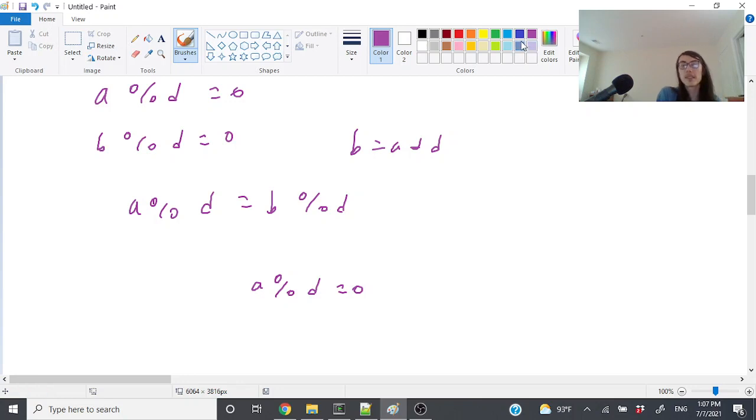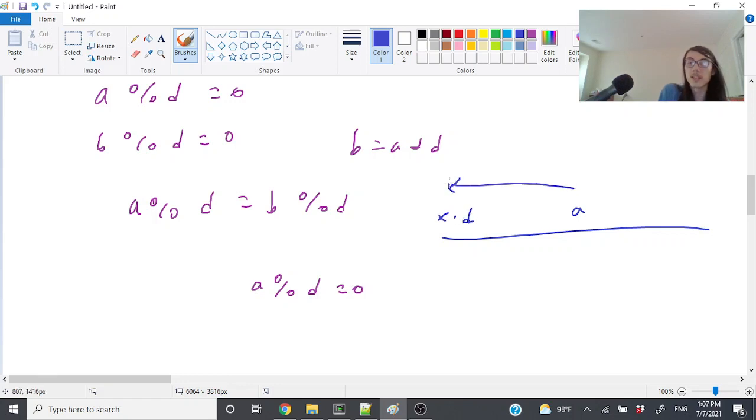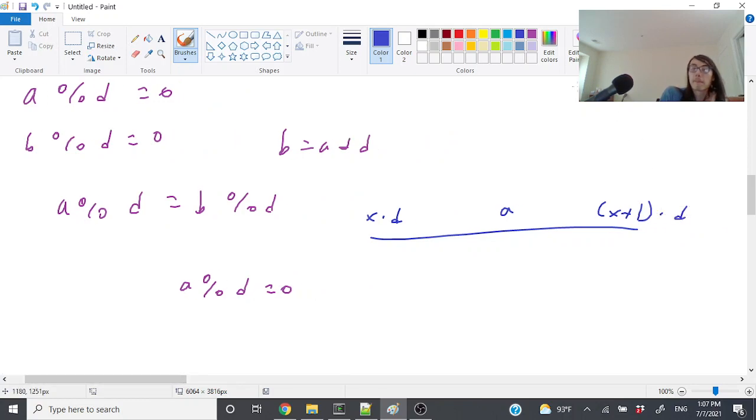So imagine a number line where there's some number a, and then there's some number x times d on one side of a. Like it's the closest multiple of d that's less than or equal to a. And then similarly on the other side we have x plus 1 times d. Now how much does it take to go down here?